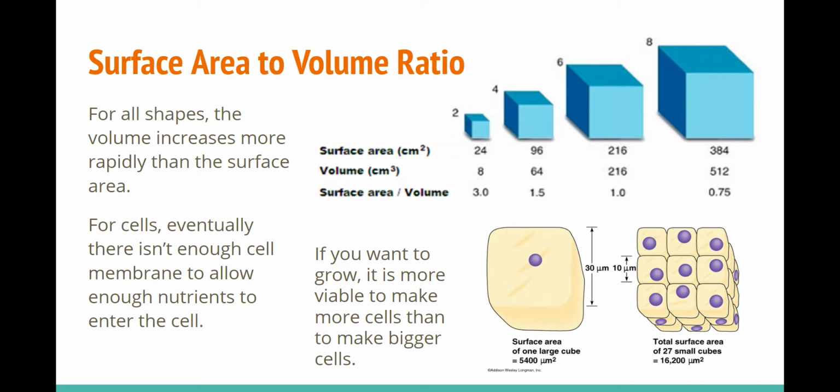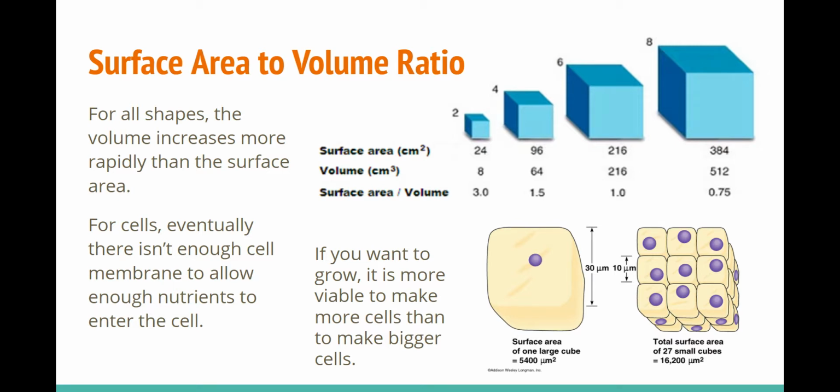And so if you think you need more stuff inside you to support a bigger cell, you need more energy, more nutrients. But the only way that stuff can get in is through the cell membrane. And so the more membrane you have, the more openings you have for stuff to get inside and spread out to where it needs to go.